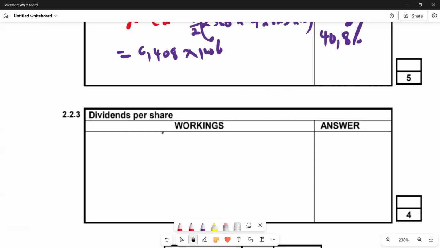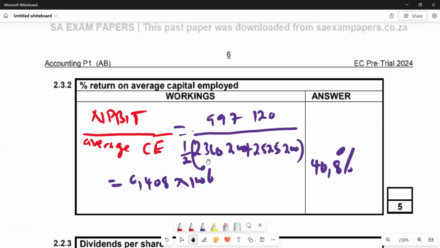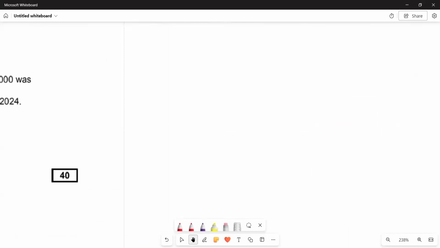We can say total dividends divided by the number of shares. But we can just use the simplest way to get to dividend per share by saying interim dividends per share plus final dividends per share. As simple as that. So for our interim, we are given it in the question. We're just going to take the figure as it is.